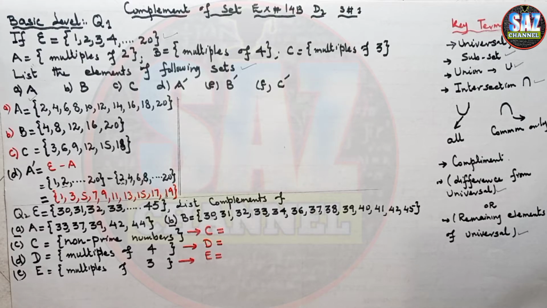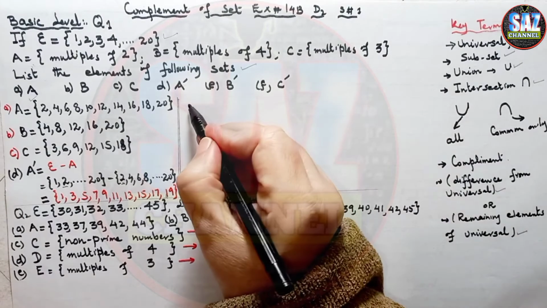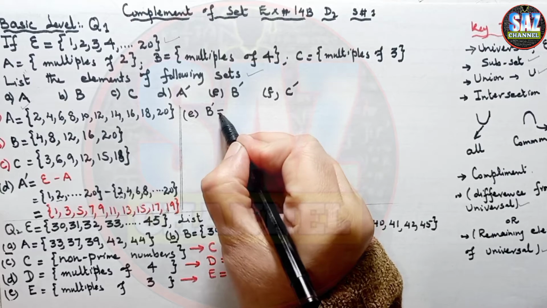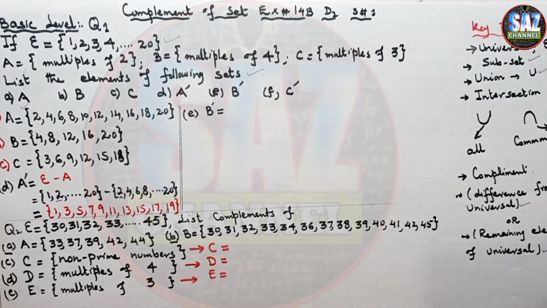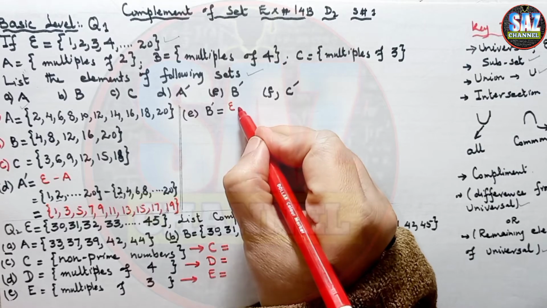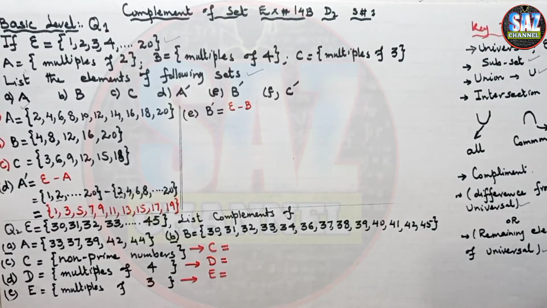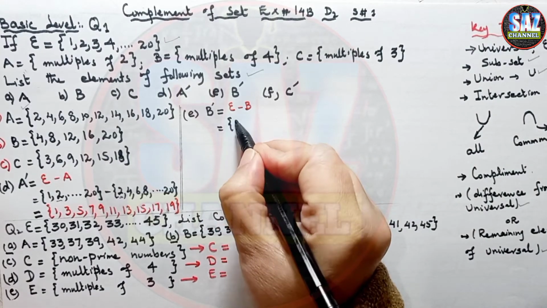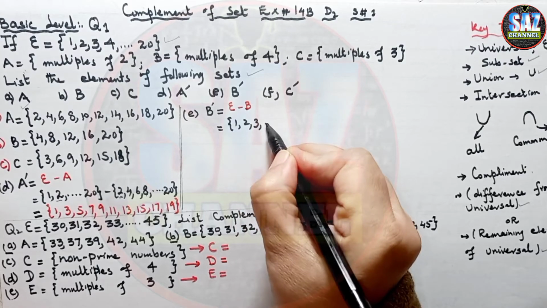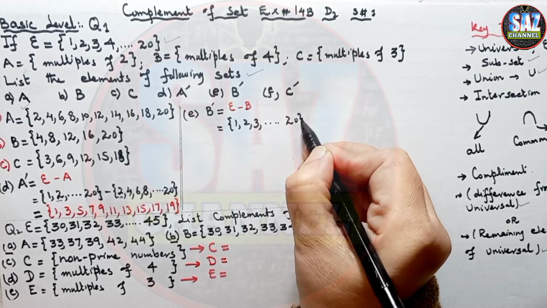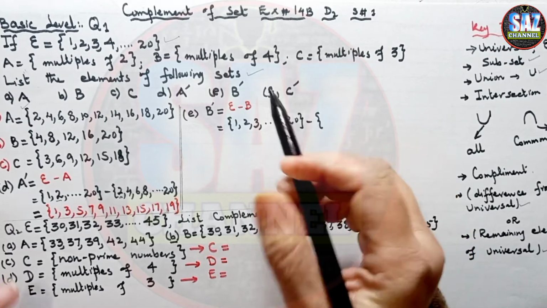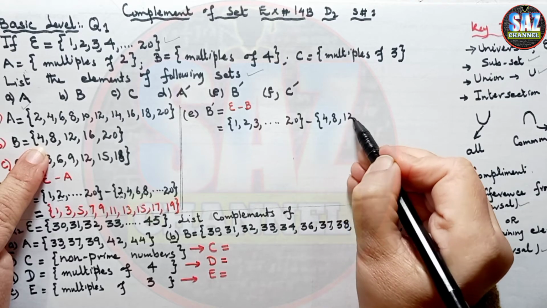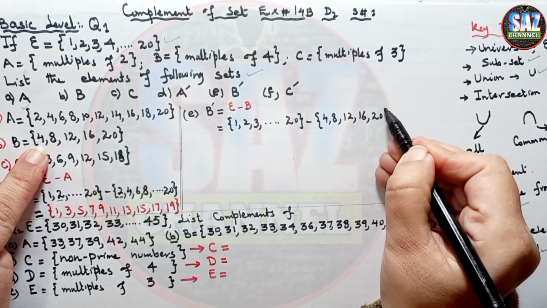And now let me go to the next part of the question, which is part E, and that is the B complement. Again, it's always good to write down the formula so that the examiner can understand your working easily. Universal minus B. Now first of all, I have to write the elements of universal, and they are 1, 2, 3, and so on until 20, minus the elements of B, which are multiples of 4: 4, 8, 12, 16, and 20.